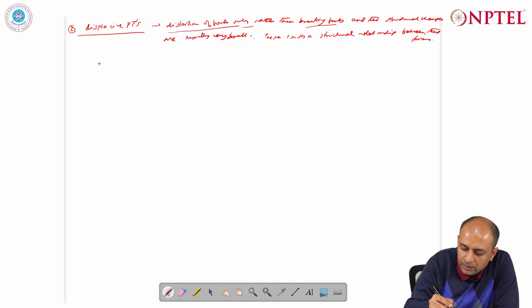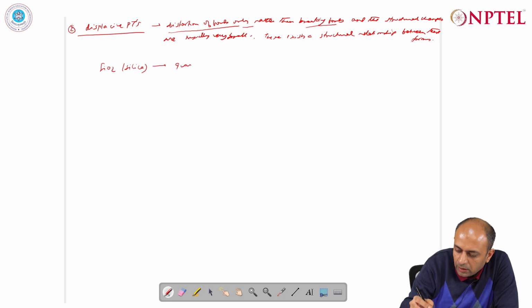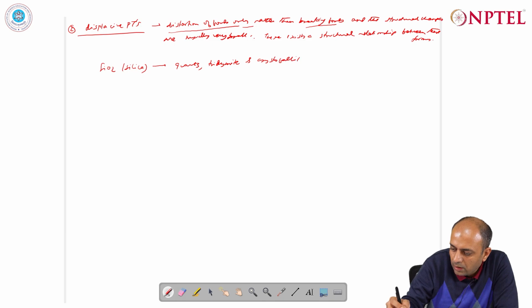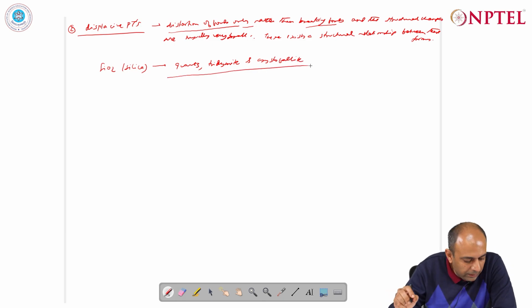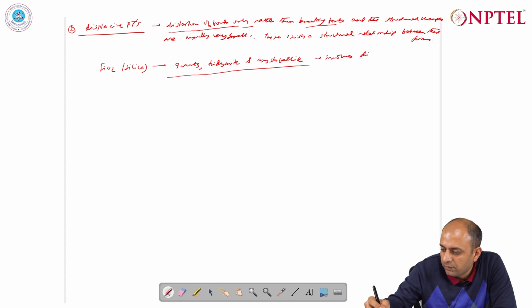For example, we can consider SiO2, silica, and silica exists in different polymorphic forms like quartz, tridymite and cristobalite. So quartz, tridymite and cristobalite are the different polymorphs of silica, and conversion of one form into the other involves displacive phase transitions.